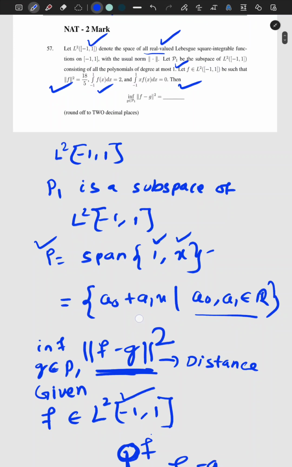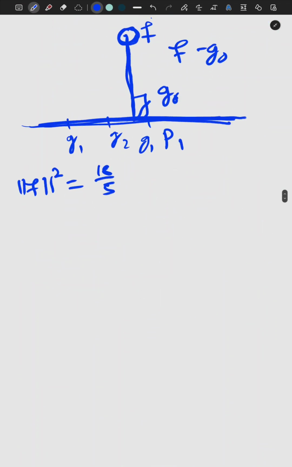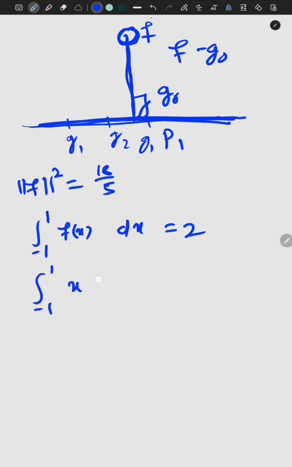The integral from -1 to 1 of f(x) dx is equal to 2, and the integral from -1 to 1 of x f(x) dx is equal to 0. These things are given.